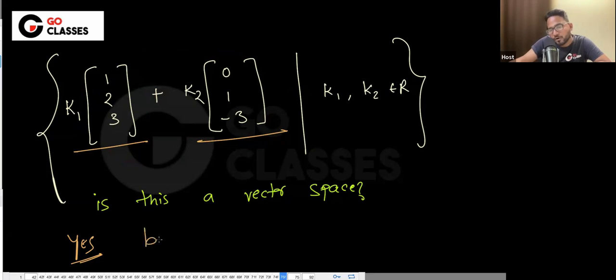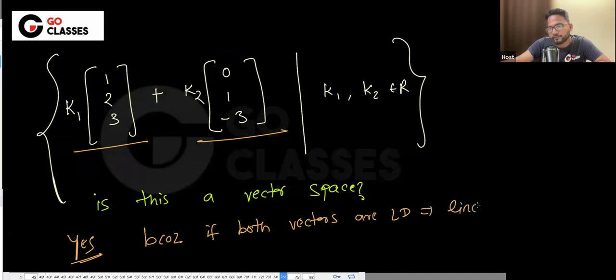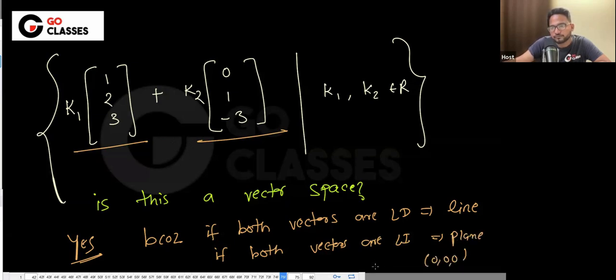So yes, because if both vectors are linearly dependent, then it is a line. If both vectors are linearly independent, then it is a plane. Okay. Passing through origin. Yes.